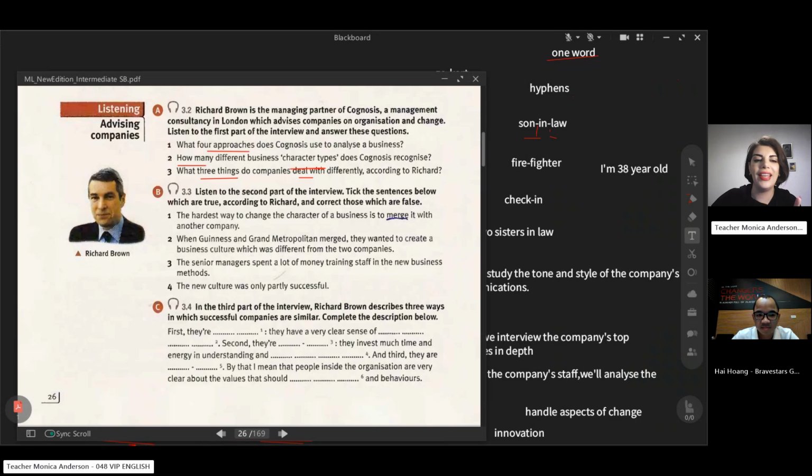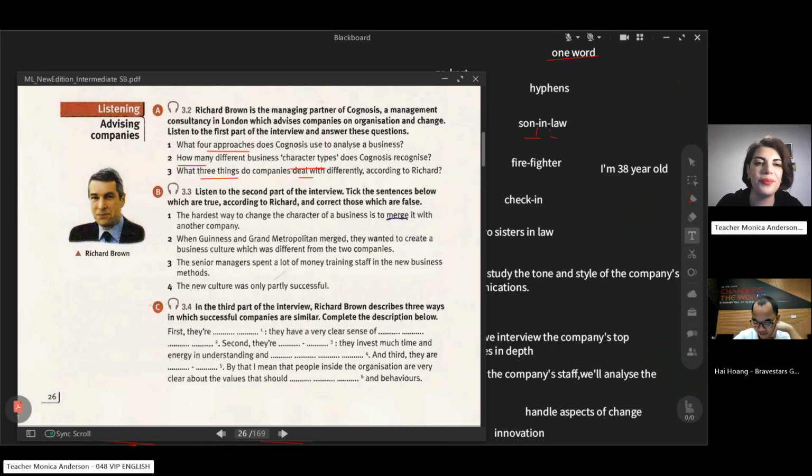So this one: the top team, of course, achieved a very substantial change in culture by being very clear at the outset that it was creating a new and different culture from the two companies merged. Okay, so it's true.